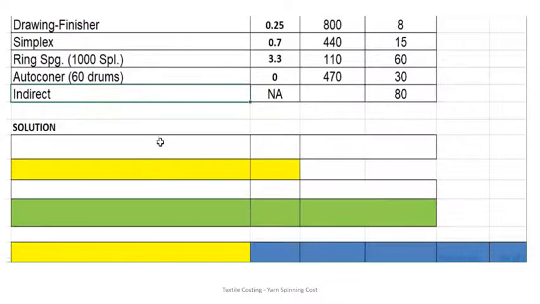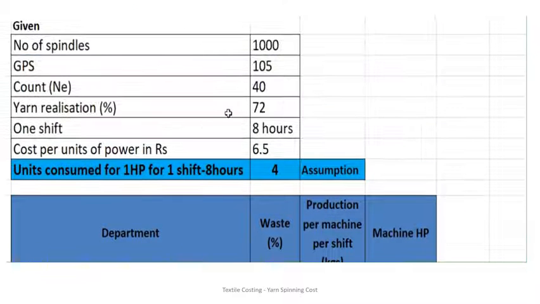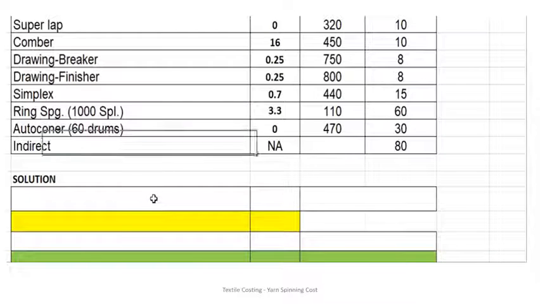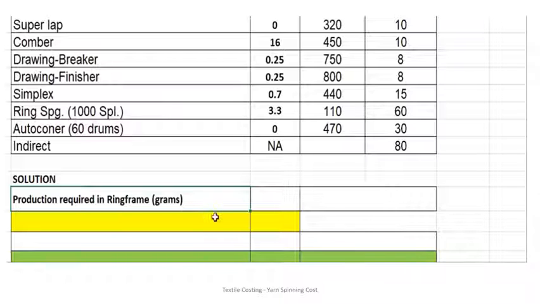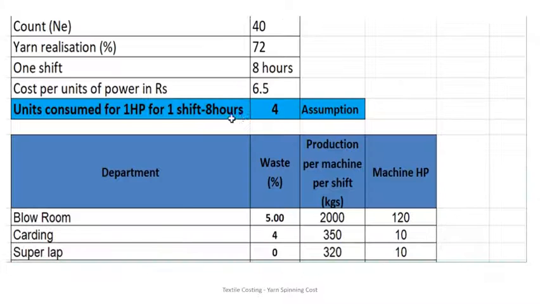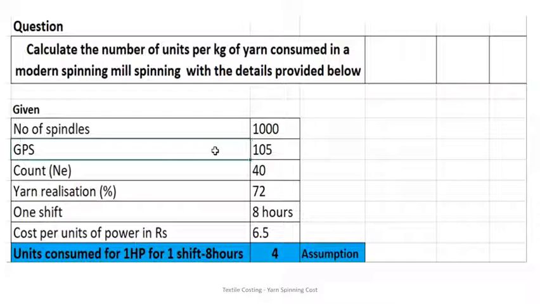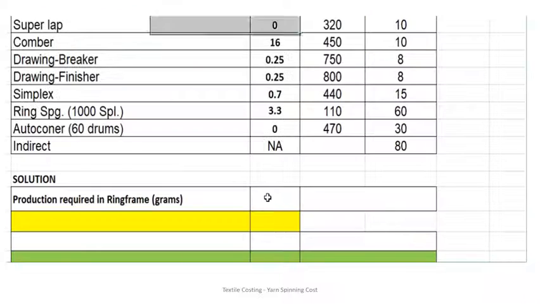So let us go into the solution, for which we need to first calculate the production at the ring frame for the GPS that is given in the question. So the production required in ring frame in grams: GPS is already given, so we are writing that one.